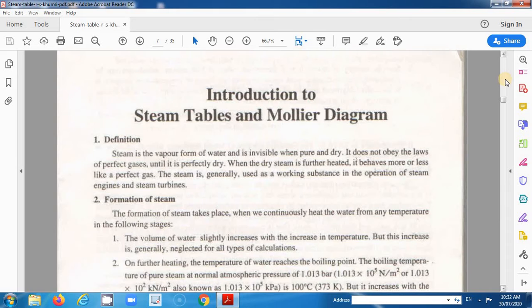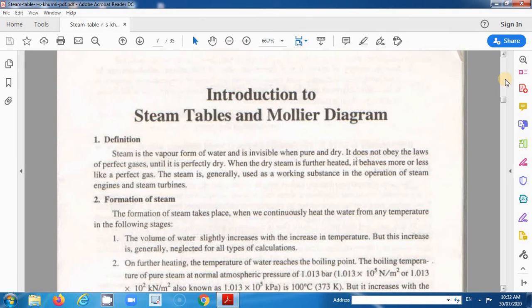Such steam does not obey the gas laws until it is perfectly dry. When the dry steam is further heated, it behaves more or less like a perfect gas. Steam is generally used as a working substance in the operation of steam engines and steam turbines.